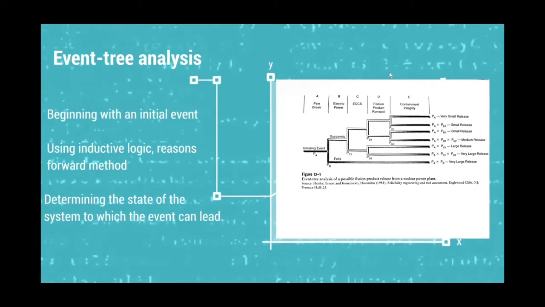In an event tree analysis, one begins with an initial event, such as a loss of electrical power to a nuclear power plant, and using inductive logic reasons forward, trying to determine the states of the system to which the events can lead.